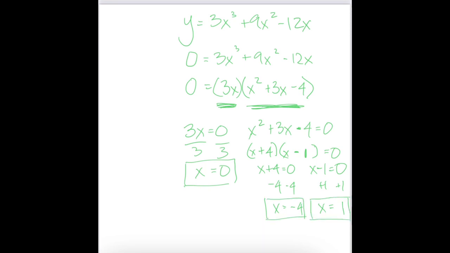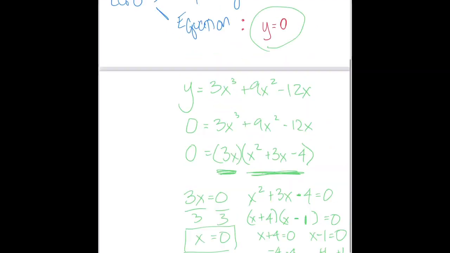And I know that when I look at the graph of this equation, y equals 3x cubed plus 9x squared minus 12x, it will cross the x-axis at these 3 points, at x equals 0, at x equals negative 4, and at x equals 1. Right? So now we've determined the zeros of this equation by setting y equal to 0.